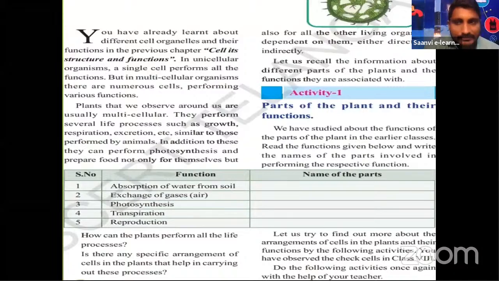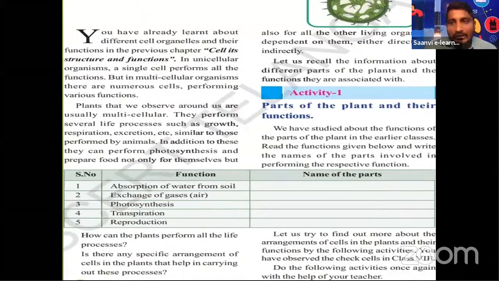Okay, and we have done an activity also, which parts of the plant perform which functions. The parts of the plants involved in particular functions are given in this table. Serial number 1, 2, 3, 4, 5. Functions are also given. Name of the parts we have written already. Absorption of water from soil, exchange of gases, photosynthesis, transpiration, reproduction. These are the functions.